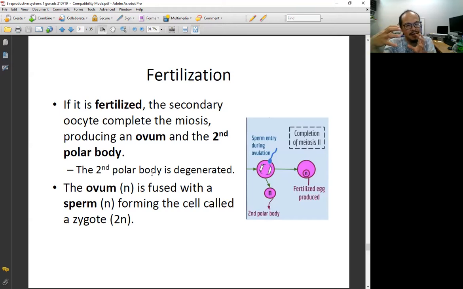This n will merge with the sperm, which is only haploid. These two combine to form the zygote, and it will be the beginning of the embryo, the fertilized egg. So that's fertilization.